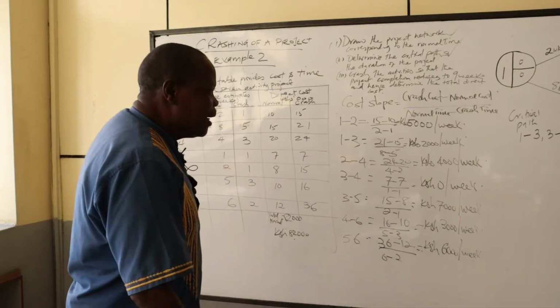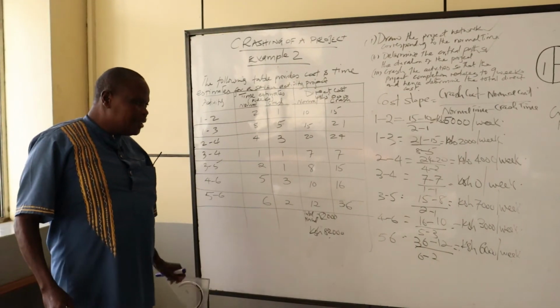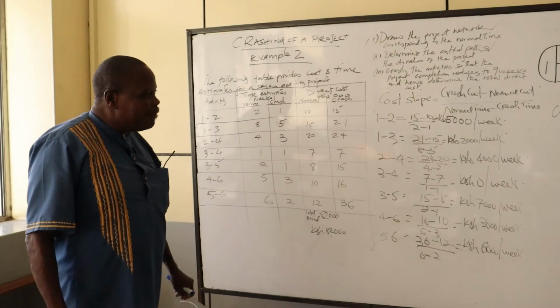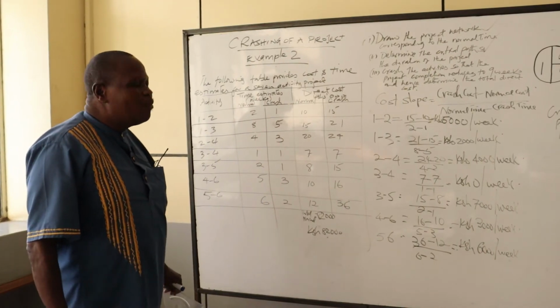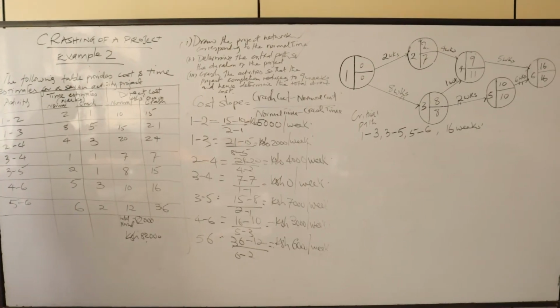been crashed. Now, in crashing of a project, we identify the activity with the minimum cost slope, and it must be along the critical path.